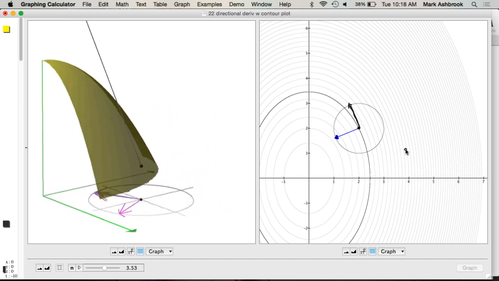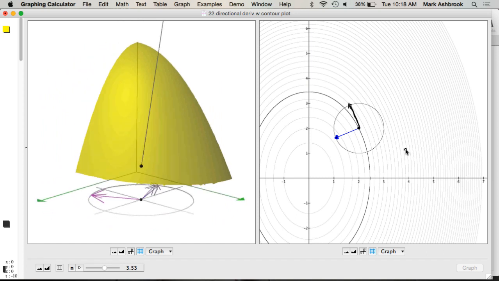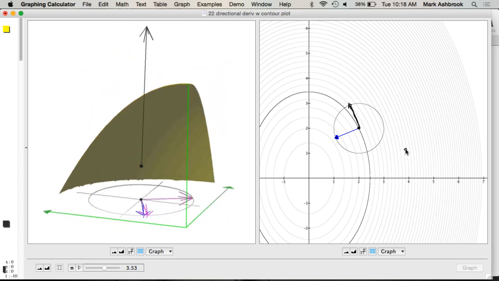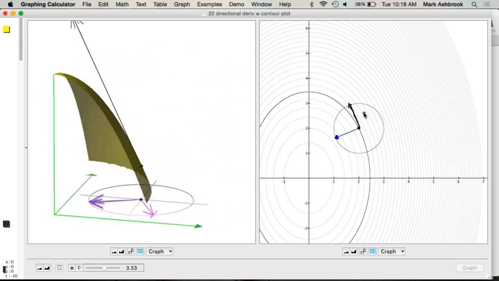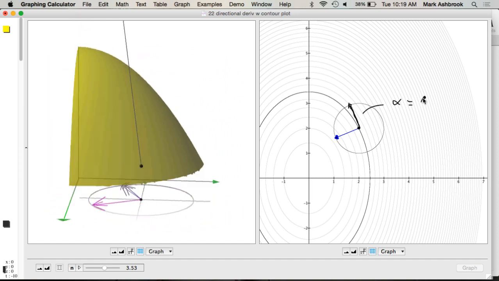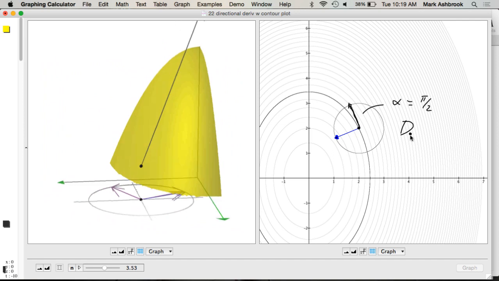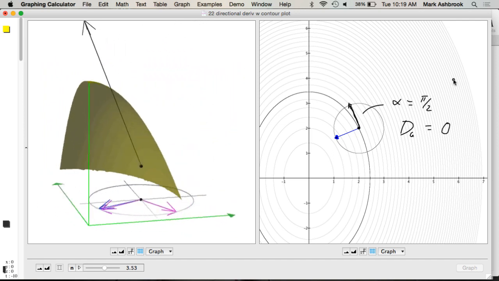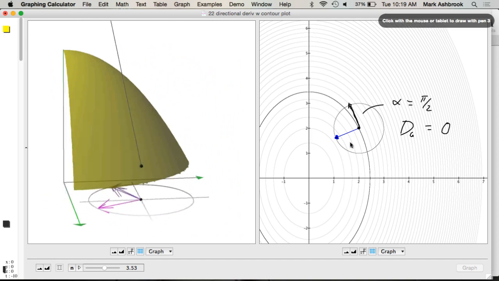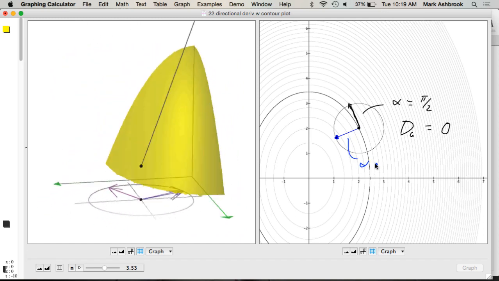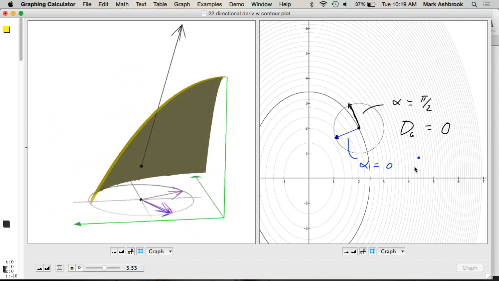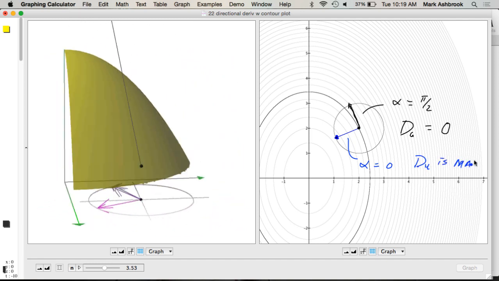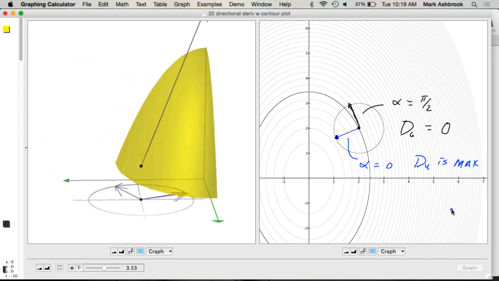So tangent to the contour line gives you a directional derivative of 0. That corresponds to alpha equals pi over 2. So directional derivative equals 0. This is alpha equals 0. Directional derivative is max, and that's orthogonal to the contour line.